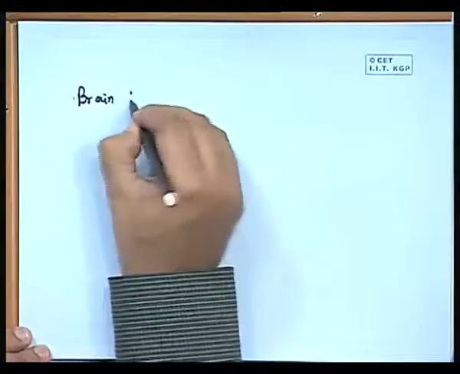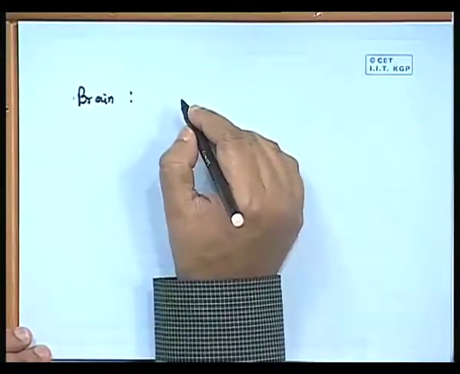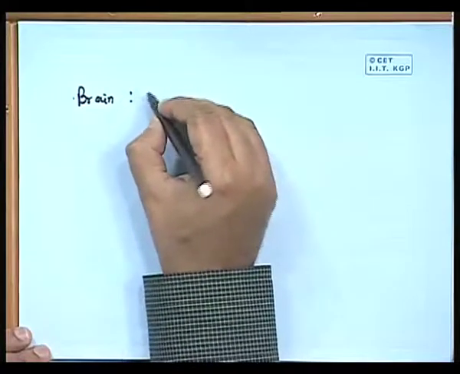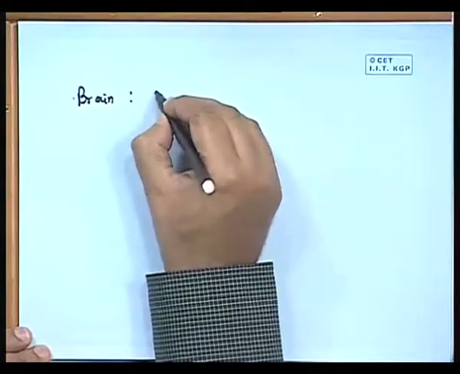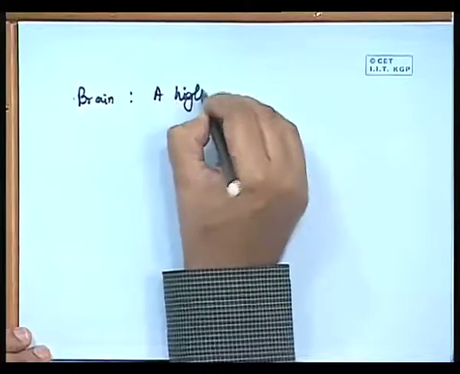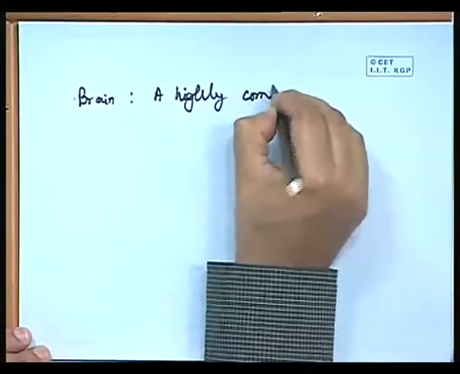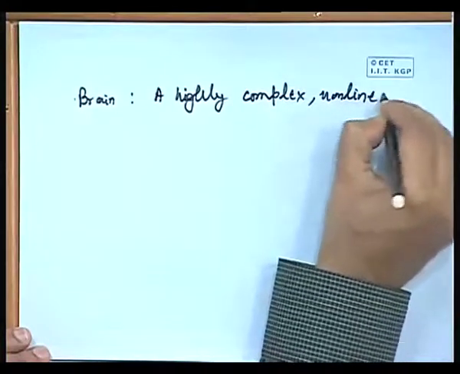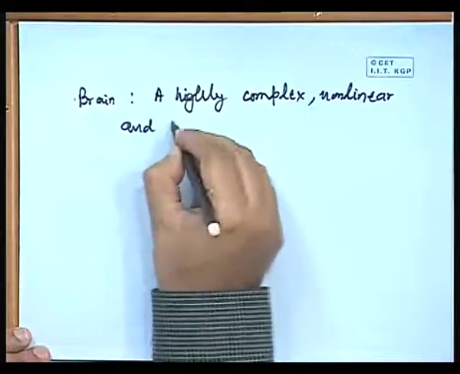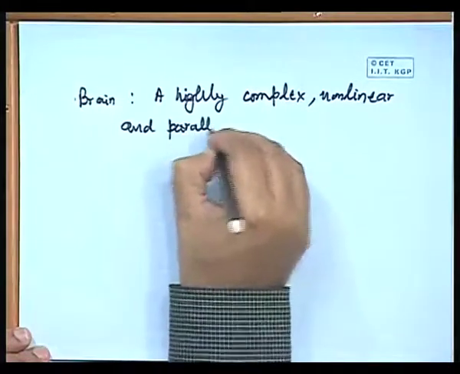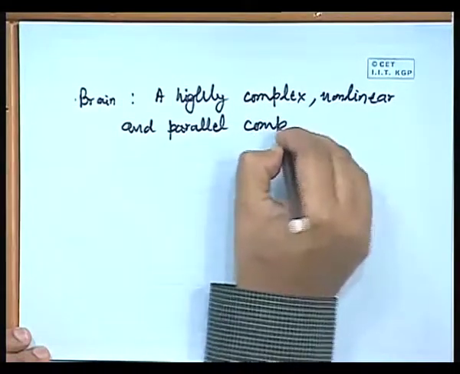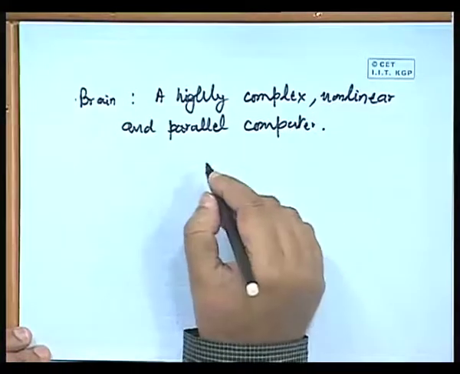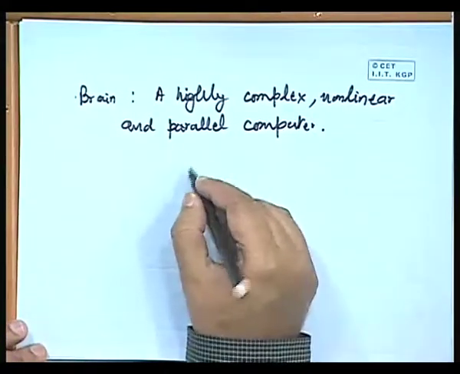We know that the human brain is a highly complex, nonlinear and parallel computer, and this can organize its constituent structural elements.